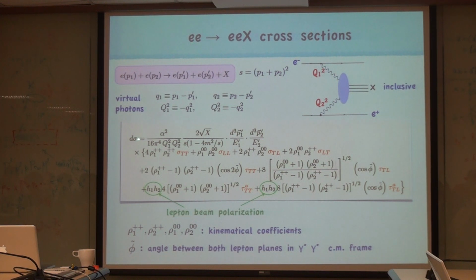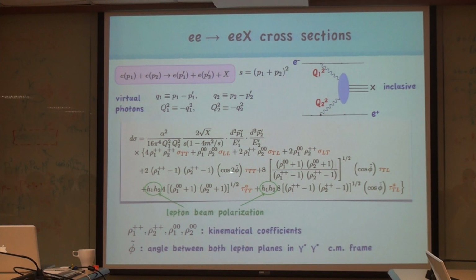The cross-section here is basically a phase space over the first measured electron, the second measured electron, positron in this case. Everything in black are just kinematical factors, so they are well known. And then you see, depending on these 8 cross-sections, they enter in this cross-section.